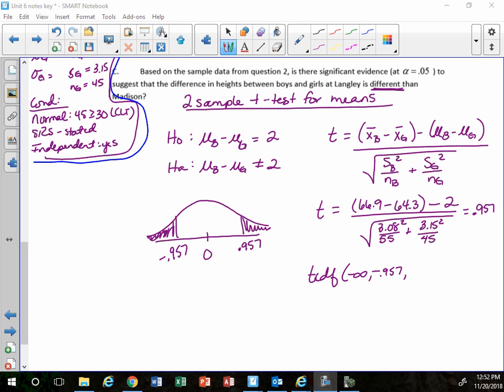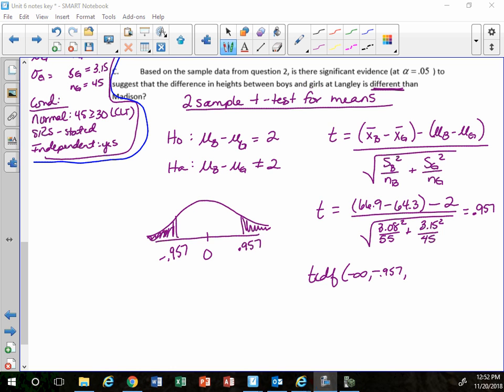If you guys notice, when you do the TCDF on your calculator, it's not like norm CDF as far as what it asks you. It doesn't ask you for mu and sigma. Why doesn't it ask you for sigma? Because we don't know it, right? But it is a T, so it asks you for degrees of freedom. What are we going to use for our degrees of freedom in this one? 44, yes.